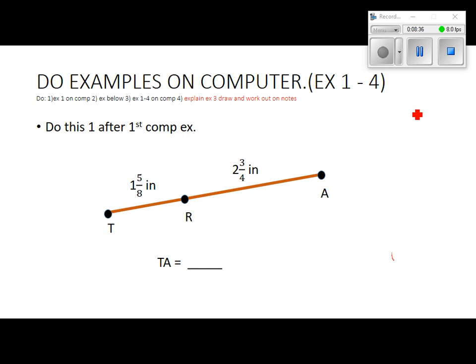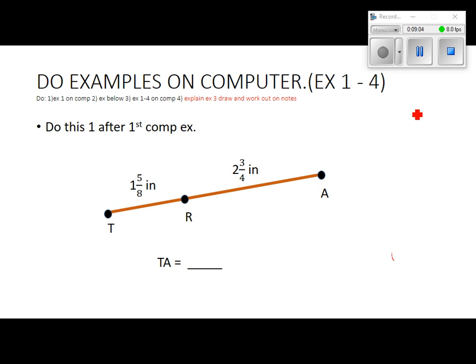If you have a calculator, dealing with these fractions is going to be difficult. Use the ABC button on there. All right? I'm not one of these teachers that's going to say, put the calculator away and do it in your head. I don't care. Get it done. Get the answer. That's what I want. I don't care how you get it. Well, sort of I do. I don't want you to just sit there and wait till your neighbor gets done, then copy their answer.